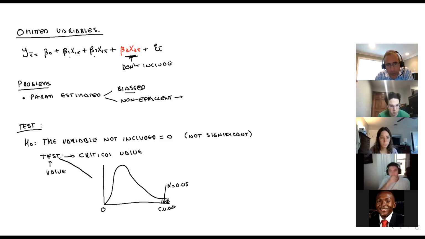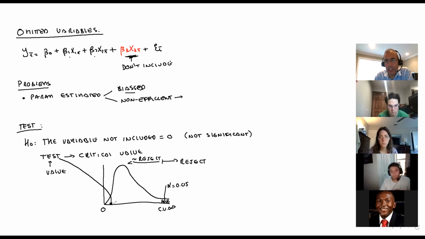This critical value is here, and when we do hypothesis testing, we say, okay, the test value is around here, and I compare it with my critical value. So this is the reject zone, and from here to here is fail to reject. You remember that?